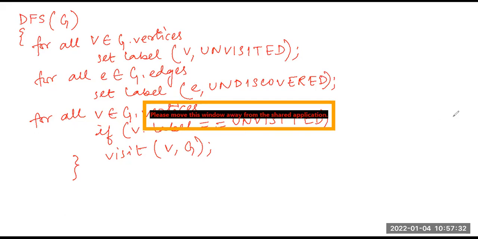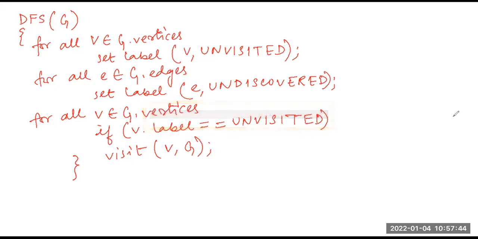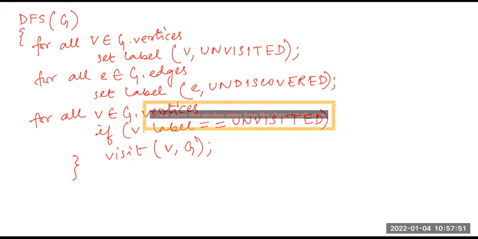Okay, so with this, the graph traversal mechanisms are finished. Fine. The next topic is minimum spanning trees. In today's class, I won't start the next topic, because one topic at a time is better.